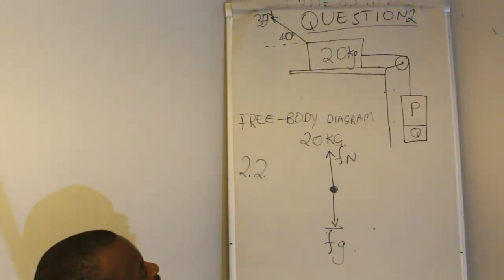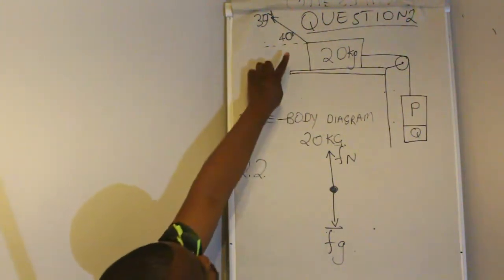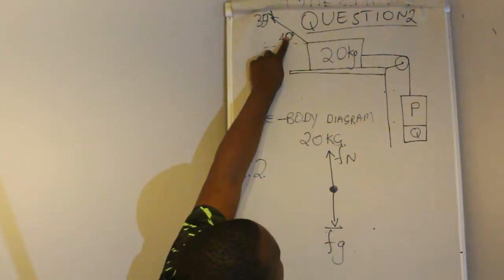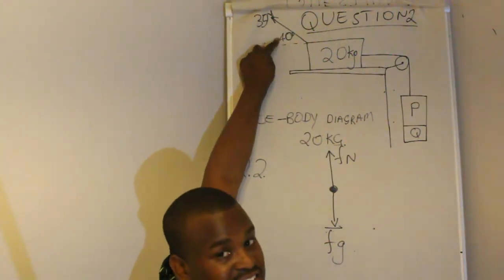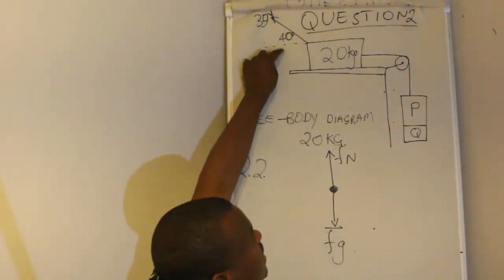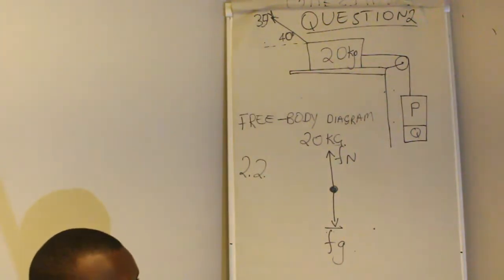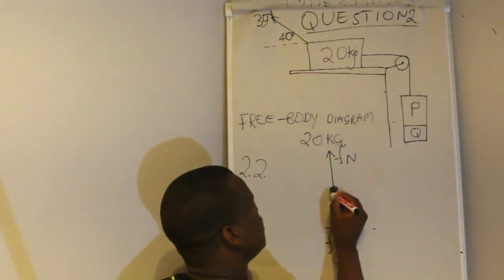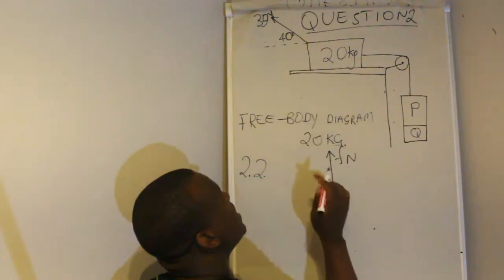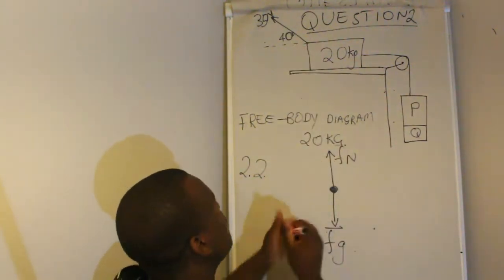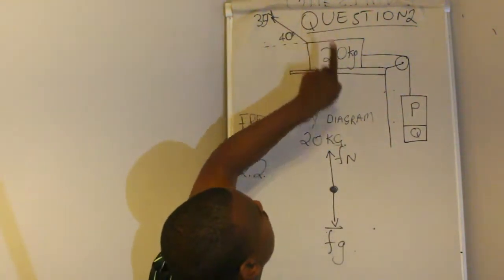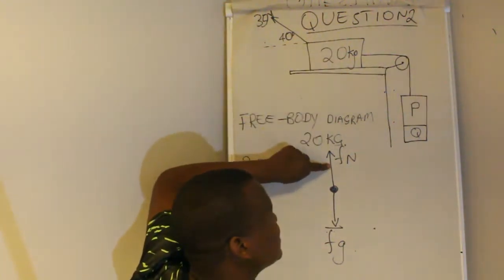Then, what is another one? Another one is the applied force. Because it is applied at an angle, when you are drawing it, you should also draw it at an angle. That means you should preserve the same nature as the others: the normal force is applied vertically upwards, and we represent it like that.